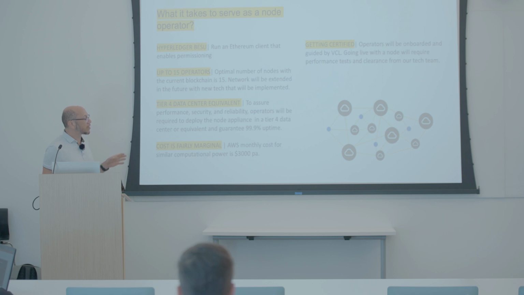The cost is around $3,000 per annum, and you will need to be approved by the board of the Velocity Network Foundation. And that goes through the Node Operator Governing Committee, of which Shrikant is a member with me.